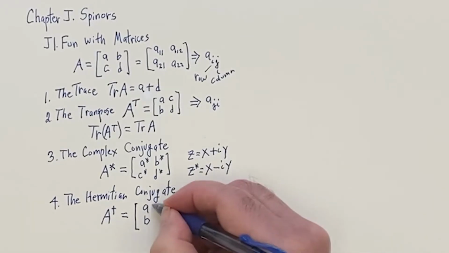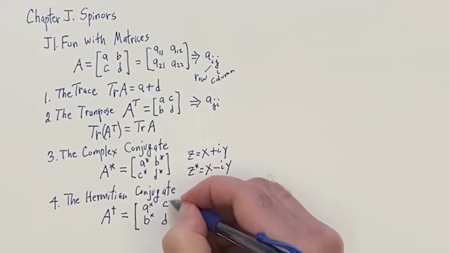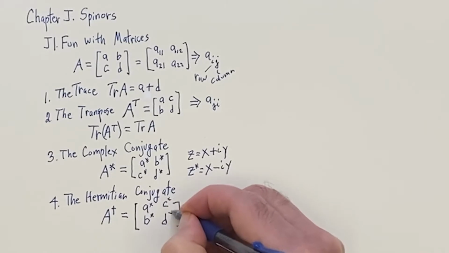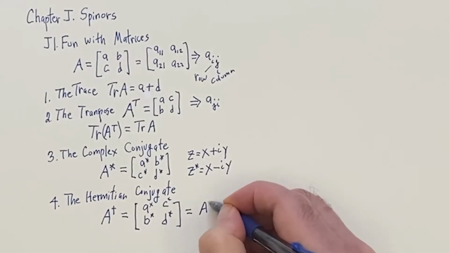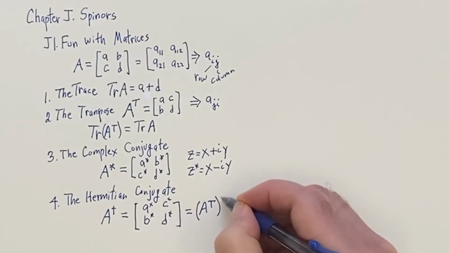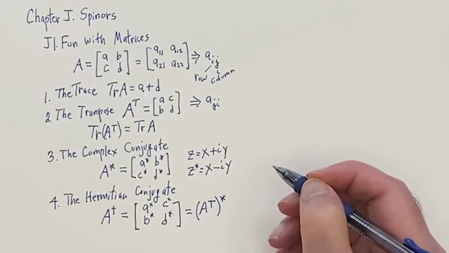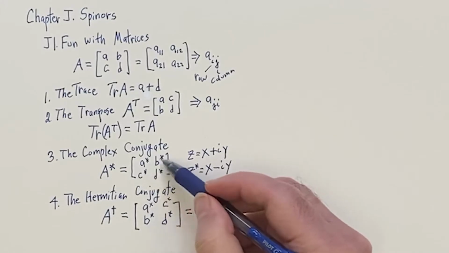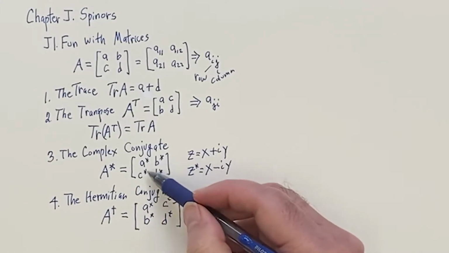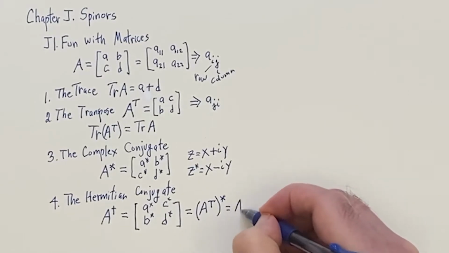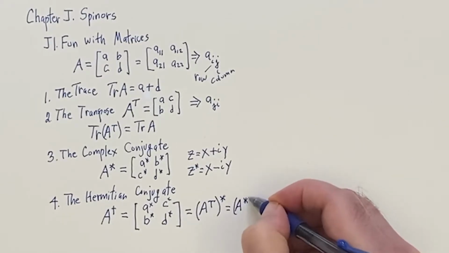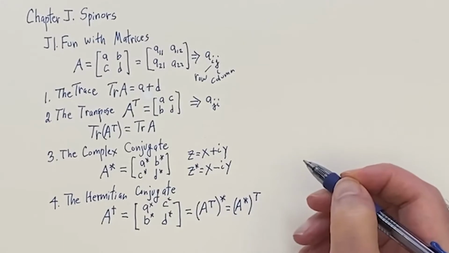And then we're going to do the complex conjugate. So then we'll star it. So what we're doing here is we're taking the transpose and then we're starring it. But you could have taken the star first and then swapped the C star and B star. So you could also write this as A star and then do the transpose.